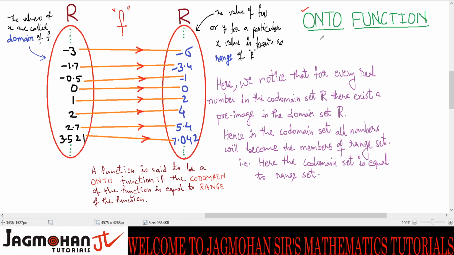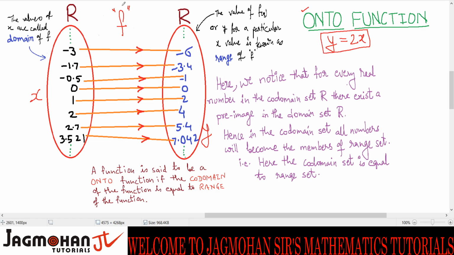So if I write the elements of the domain set by variable x and the elements of the range set by variable y, then the function is represented by y equals 2x.